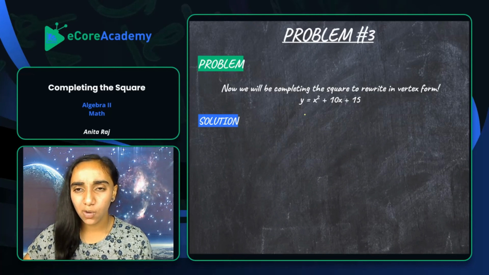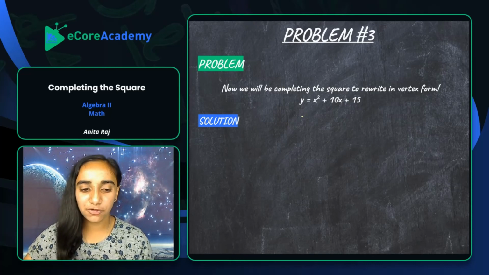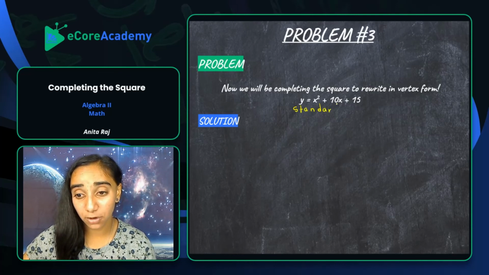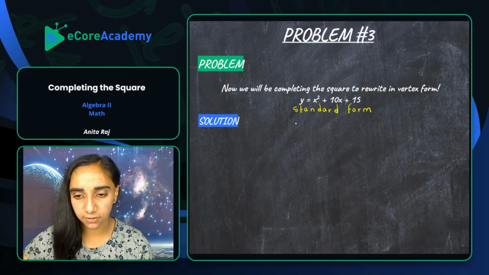So first of all, what is vertex form? Hopefully you remember it from quadratics. This is our standard form, because remember, we've been working with this a lot. Y equals ax squared plus bx plus c, and this here is our vertex form.